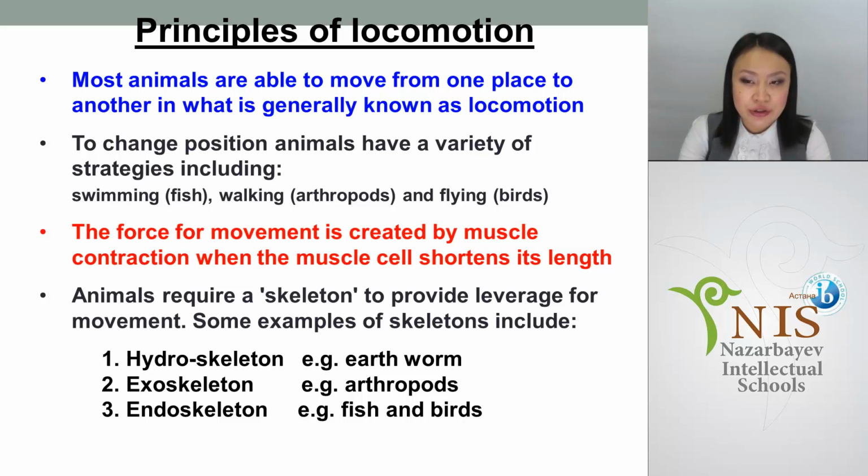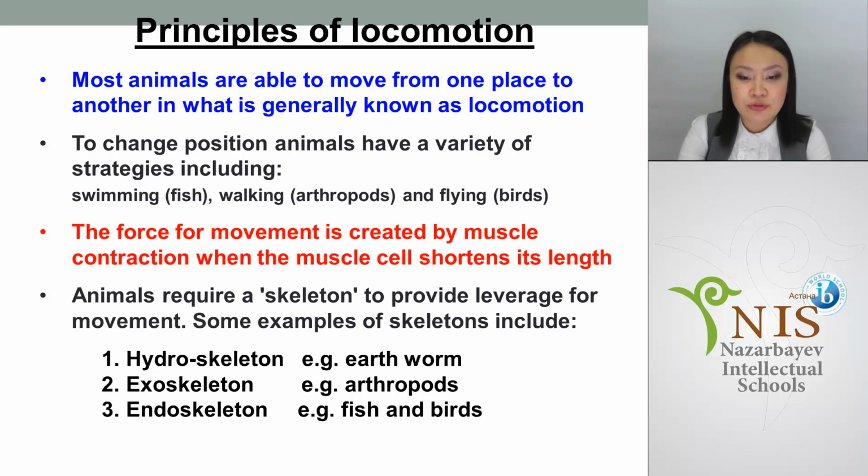Principle of locomotion. Most animals are able to move from one place to another in what is generally known as locomotion. To change position, animals have a variety of strategies, including swimming in fish, walking in arthropods, and flying in birds.